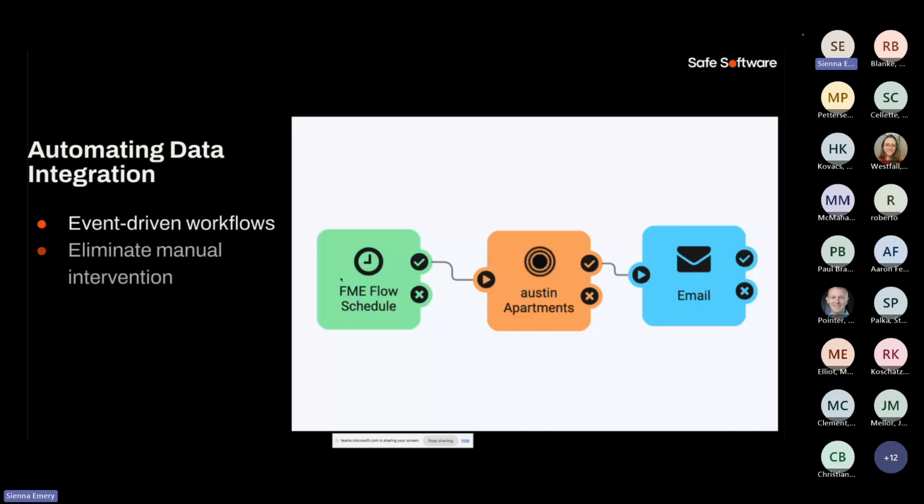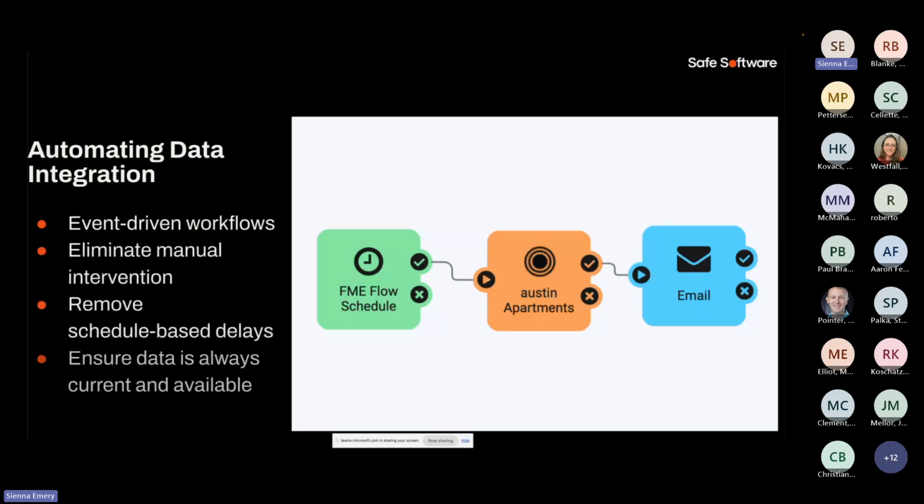Other common triggers are something like a file arriving in a directory, or sending an email directly to FME Flow. We can then process that data. In response to this trigger running, you'll have these actions. These actions are these orange things.